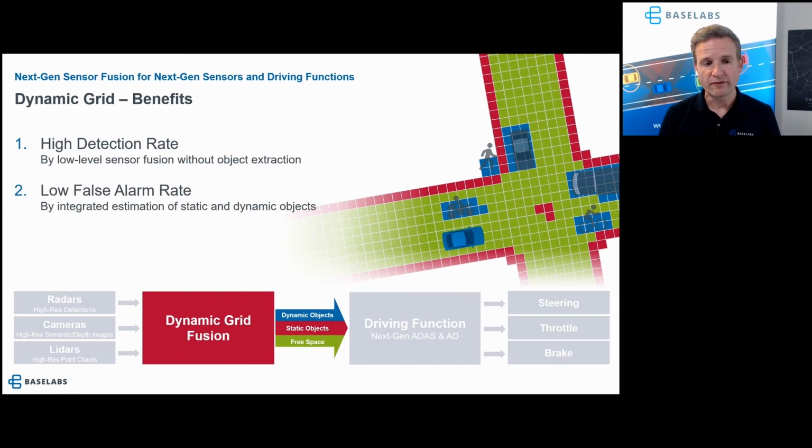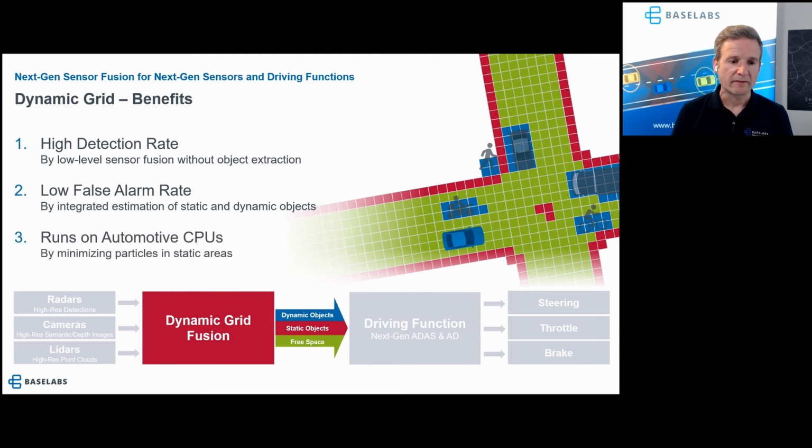Second, we have a low false alarm rate because we do an integrated estimation of both static and dynamic objects. And last but not least, such an algorithm can run on typical automotive CPUs, and we can do this by minimizing particles in static areas.